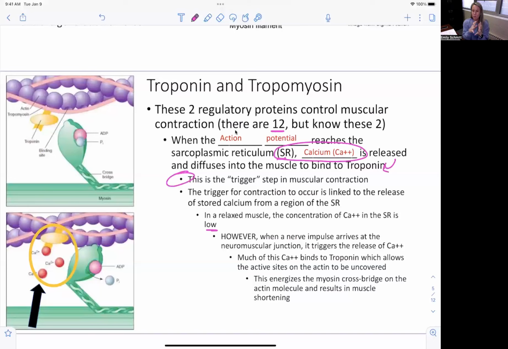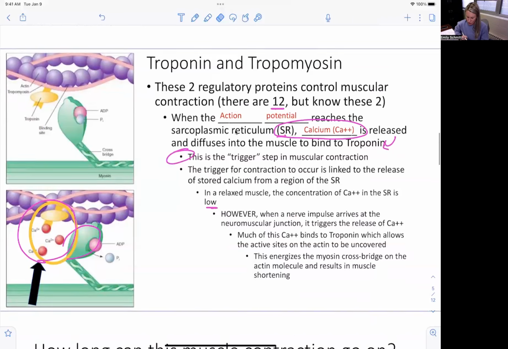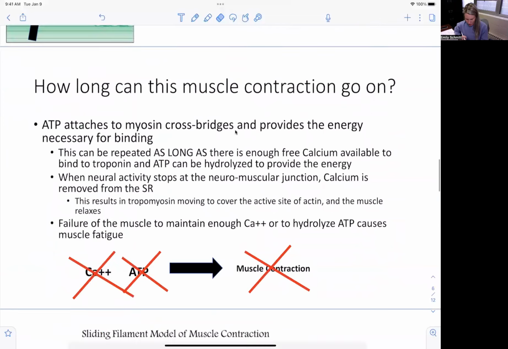This calcium will bind to troponin, which allows the active sites on the actin to be uncovered, and then this energizes the myosin cross bridge, resulting in muscle shortening. This is why troponin and tropomyosin are integral to this process, and why calcium release, diffusing into the muscle and binding to troponin, is known as the trigger step for muscular contraction.